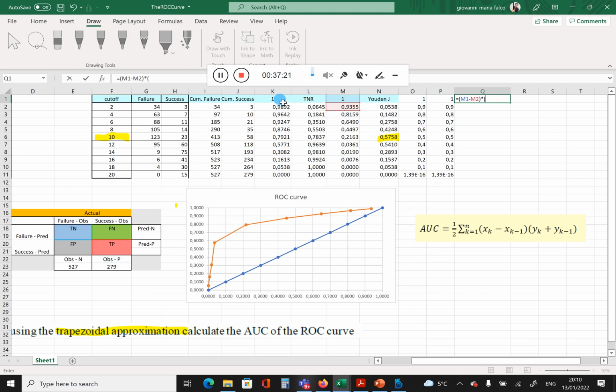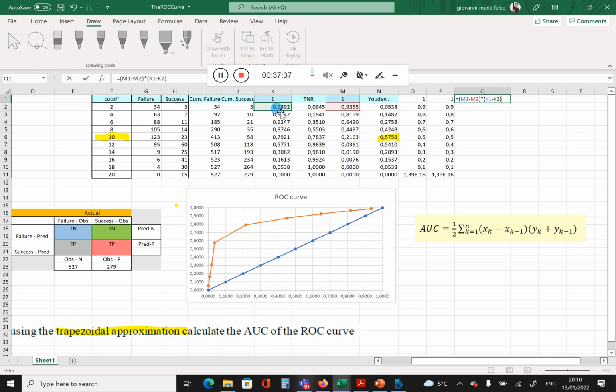The y variables are on this column here. It was the TPR, so I get in this case 1 minus yk minus 1, which is this one.